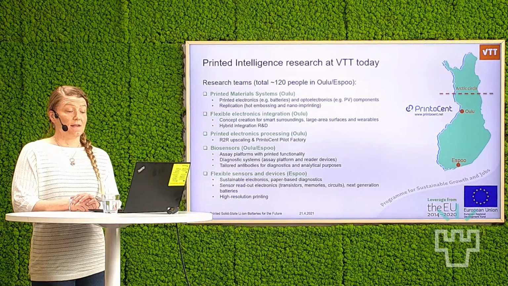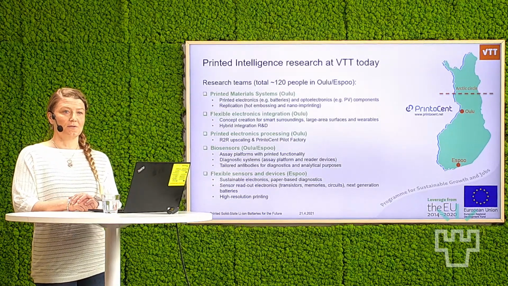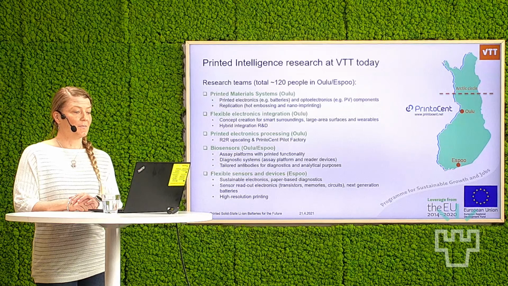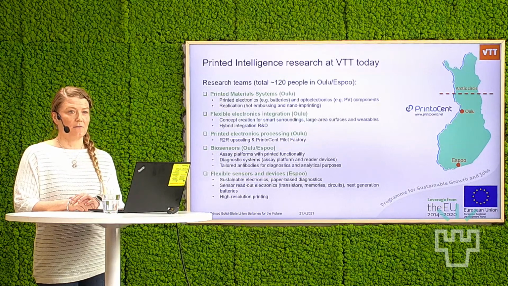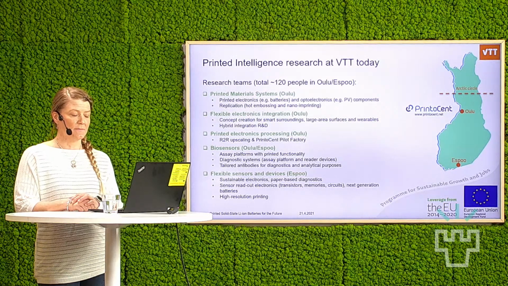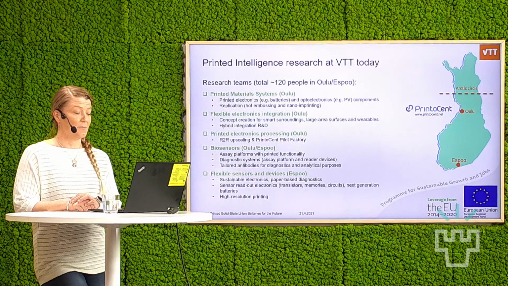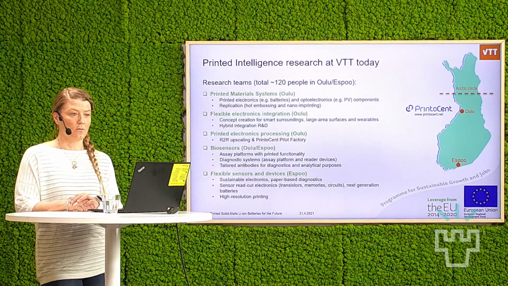The printed intelligence research today is employing about 120 people in Oulu and in Espoo. We have 5 teams working around this subject. Printed material systems, flexible electronics integration, printed electronics processing and biosensors are located here in Oulu.